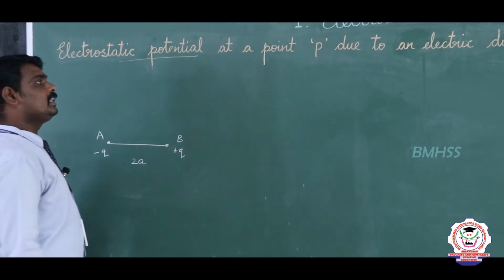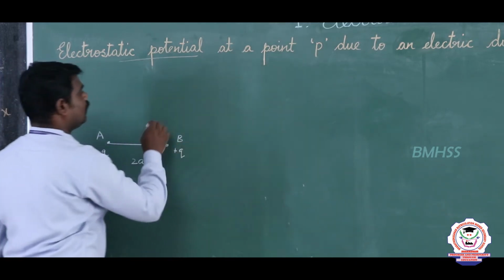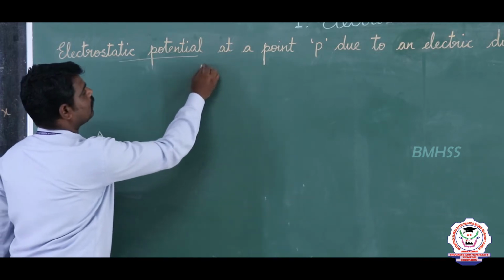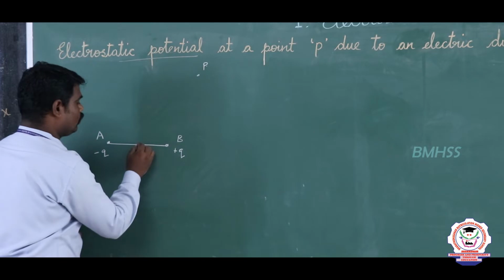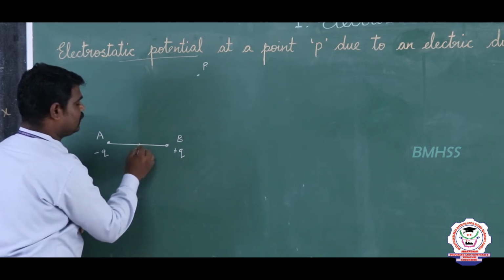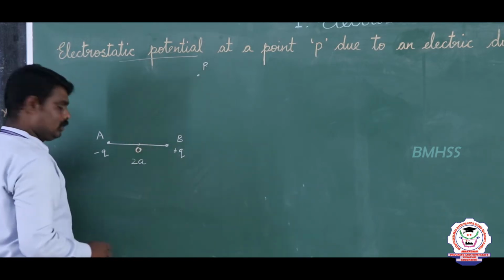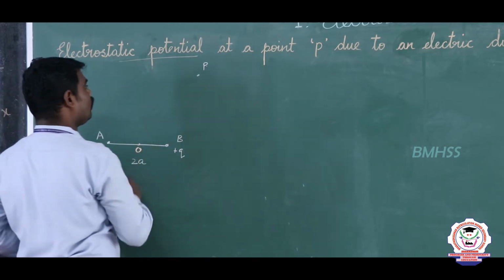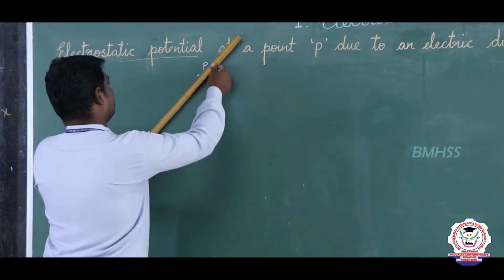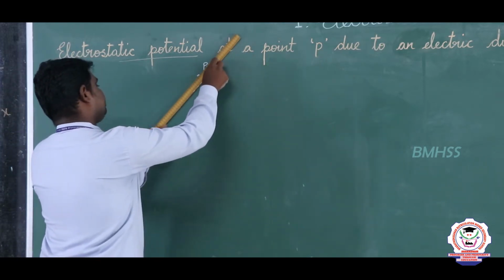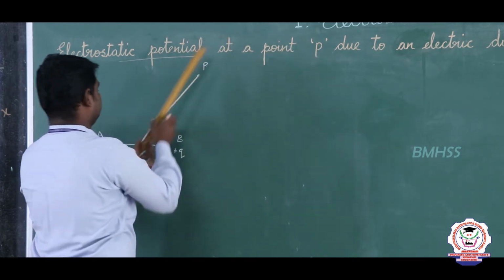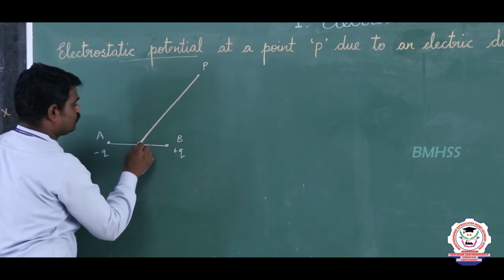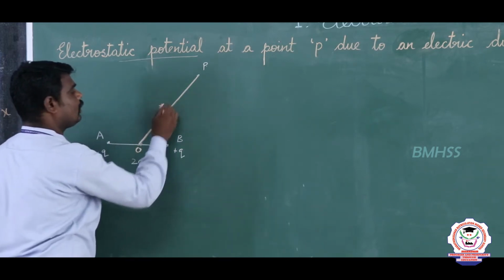Now, let us consider one point P from the center of the dipole O. This is the center of the dipole O. The distance between O and P I take as r.